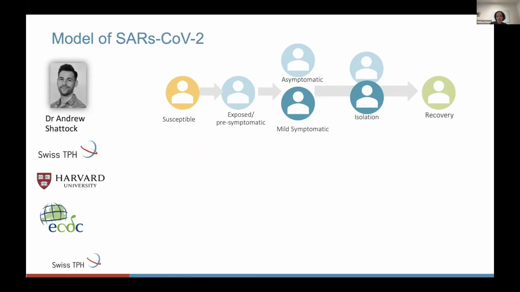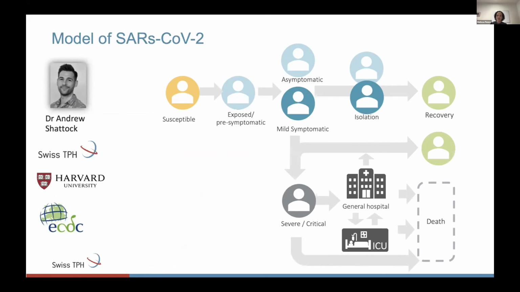Dr. Andrea Shattuck here at Swiss TPH and our team have been collaborating with colleagues at Harvard, Rene Niehaus and James Hay, as well as with the European CDC to develop these population models that take into account disease transmission as well as disease severity, hospitalization, ICU usage and so on.